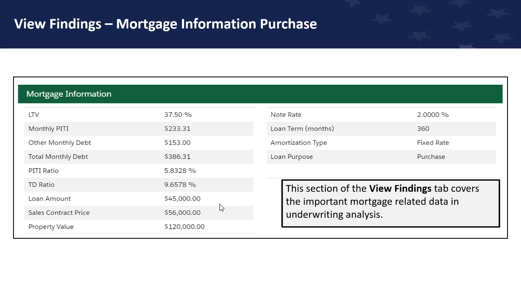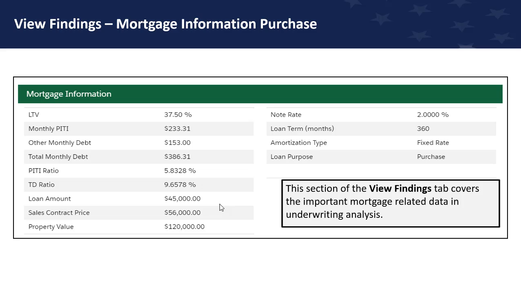Loan amount, sales contract price, and this is listed if the loan purpose is purchase. Balance of mortgage loans to be paid off in the transaction. This is listed if the loan purpose is refinance. Property value is listed if the loan purpose is purchase. Note rate. Loan term in months.